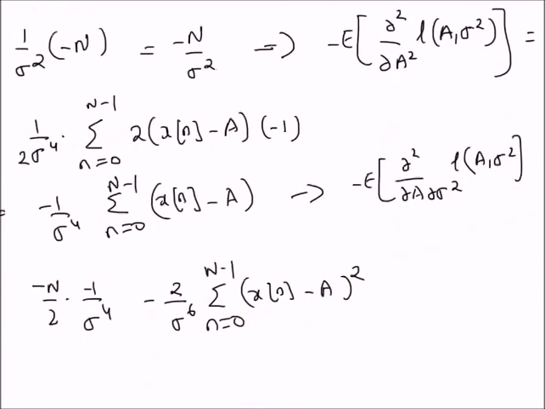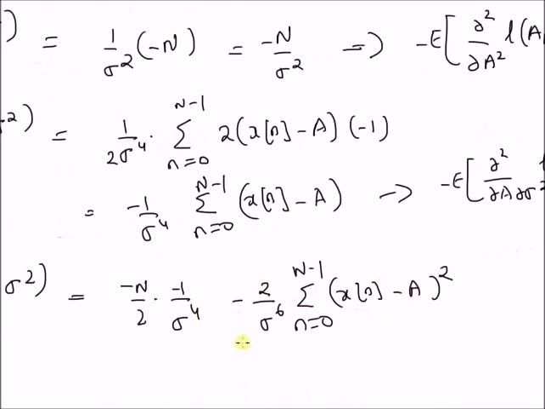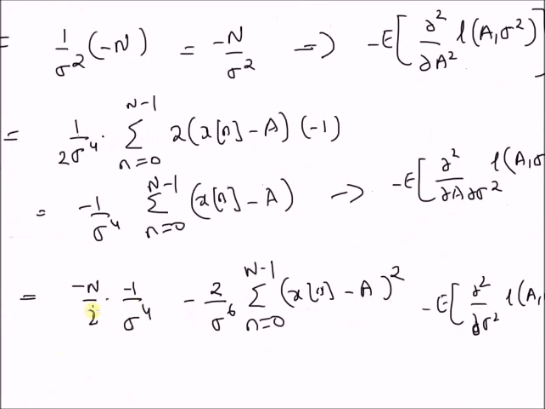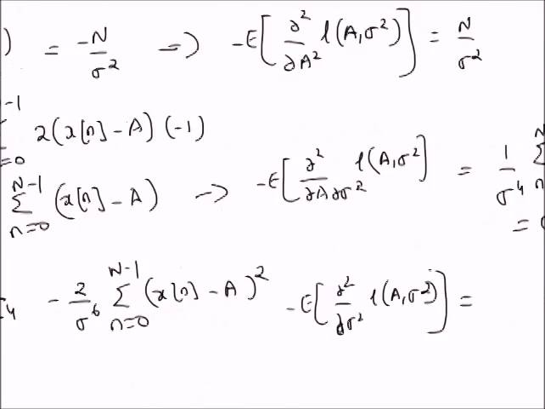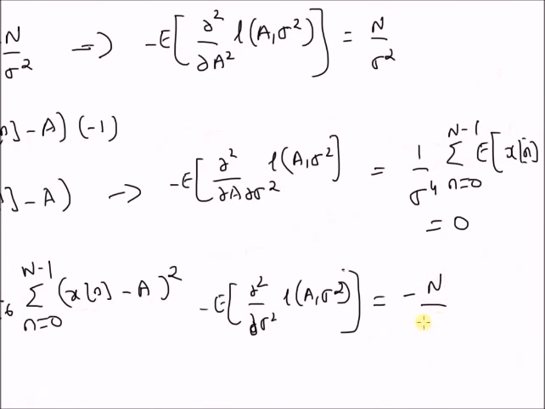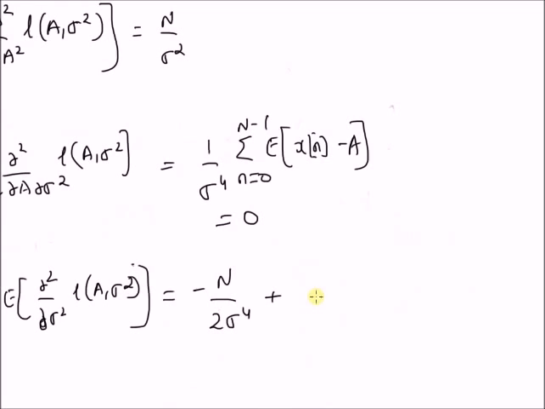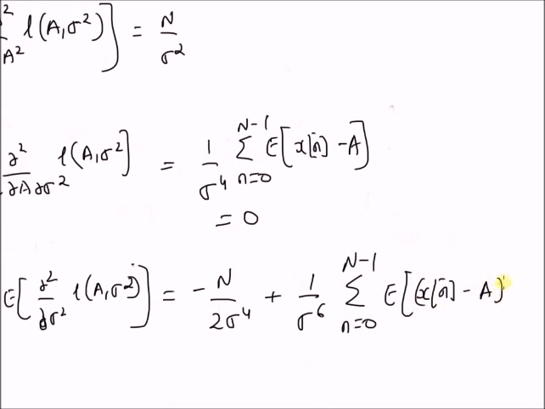And finally, the expectation of the second derivative with respect to sigma square is the negative expectation of this term, which is equal to the expectation of n by 2 into sigma power 4, which is clearly equal to minus n by 2 times sigma power 4, since there is a minus here, plus 1 by sigma power 6 summation n equal to 0 to n minus 1 of the expectation of the difference x of n minus a squared.